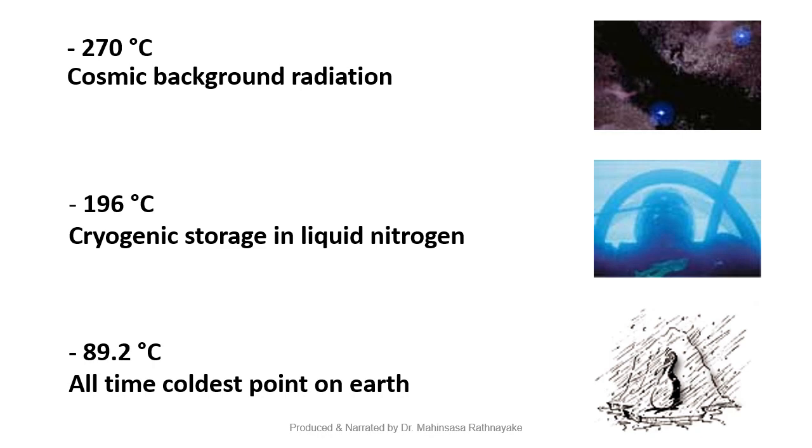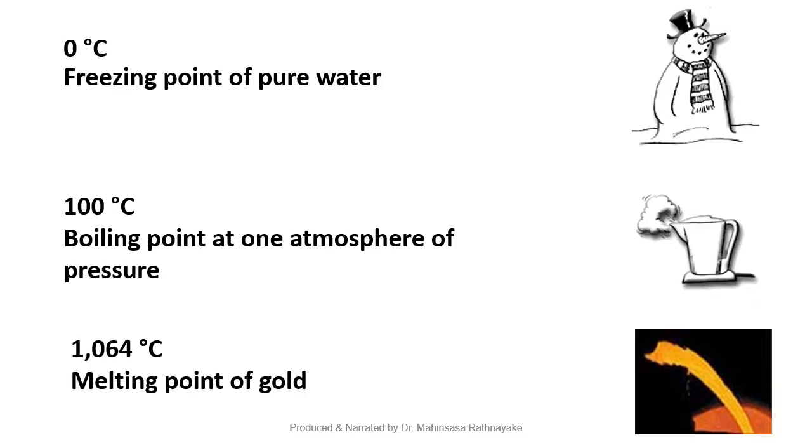Then cryogenic storage of liquid nitrogen, that is around minus 196 degrees Celsius. Then the coldest point on the earth, in Antarctica, is minus 89.2 degrees Celsius. Then the freezing point of pure water, that is around 0 degrees Celsius. Then the boiling point of water at 1 atmosphere of pressure, that is around 100 degrees Celsius.